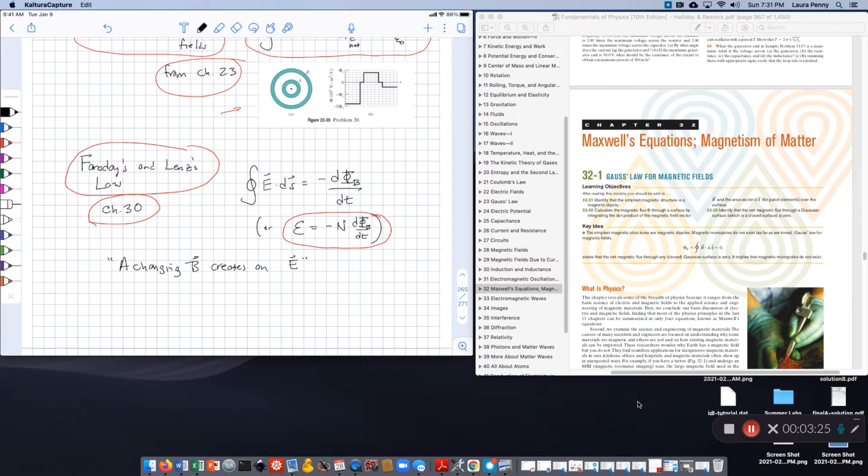If I've got my loop of wire here, and I've got a magnetic field which is going in like this, and let's say that magnetic field is decreasing, then I'd get a current that would form in my loop. If it's decreasing, then I'd expect that the loop itself would make a magnetic field, which is also into the board or into my screen, and so I'd expect a current that would go like this.